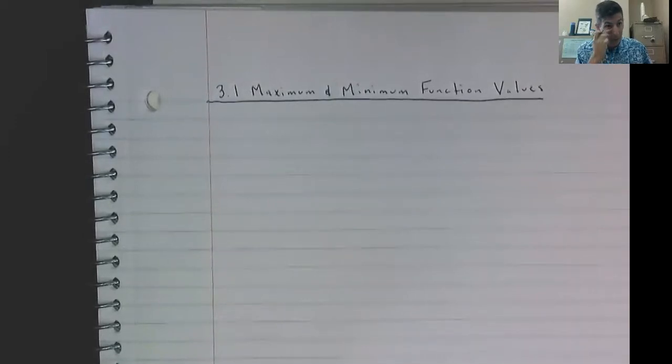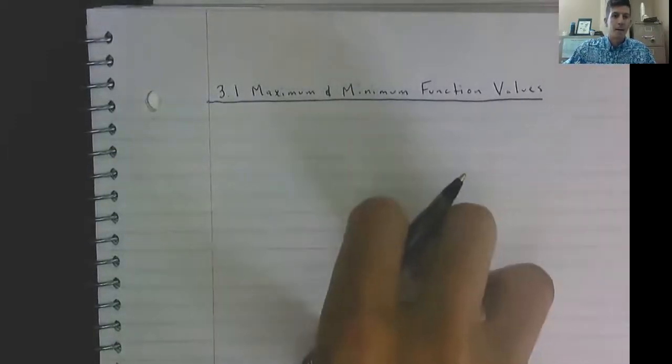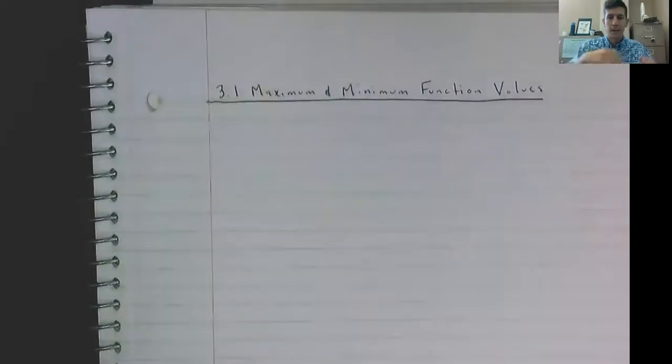Don't get me wrong, I love Lighthold, good dude, wrote a great textbook, but sometimes the presentation of topics is a little bit definition heavy at the beginning, which we'll get to, but I want to just throw the big idea at you that's coming out of this section that I kind of just hinted at when thinking about curves. The big idea is this idea of critical numbers where we might have a maximum or minimum value.